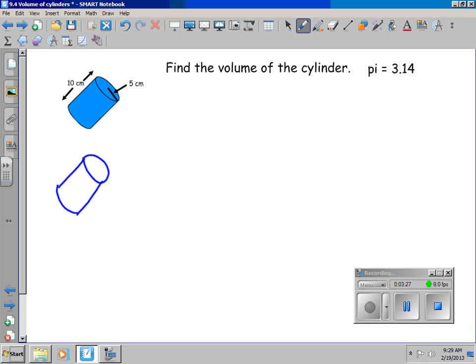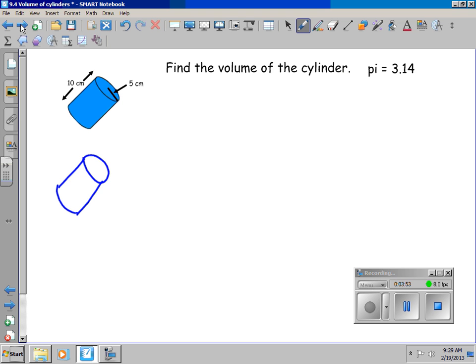With drawing it? No. With calculating. Yeah. We don't need the circumference to calculate the volume of it. But I don't get why you have the height. Because we want not just the area of the base, Mason, we need the volume of the whole thing. So we find the area of the base, and we multiply it by the height. That gives us the whole volume. Oh, yeah. Right.